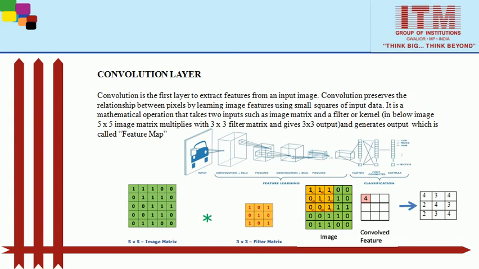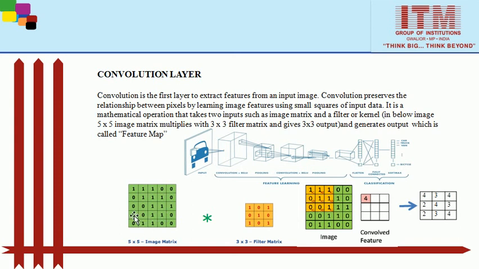As it is written here, it is the first layer to extract features from an input image, and it preserves the relationship between pixels by learning image features using small squares of input data.